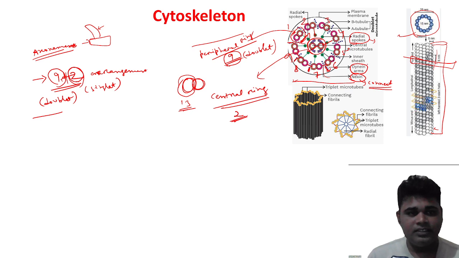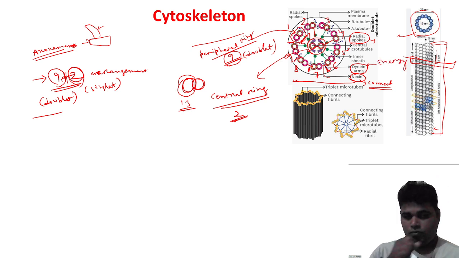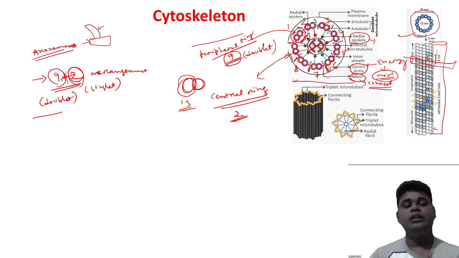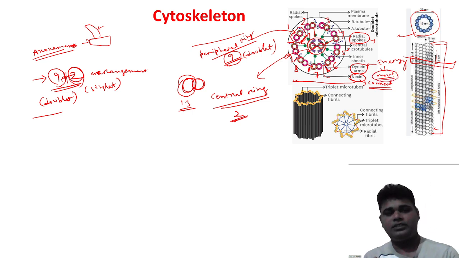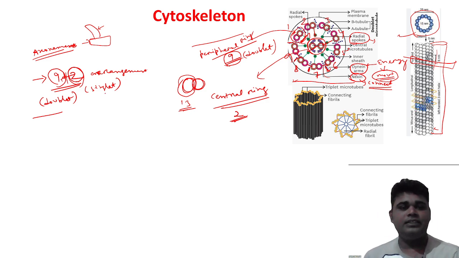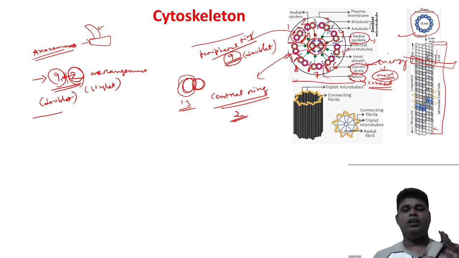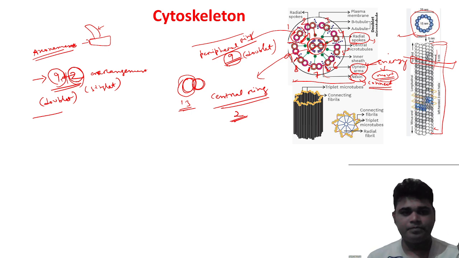This dynein arm releases the energy for the movement of the organism. For movement some energy is required, and this energy is released by this dynein structure. So this is all about the axoneme structure.